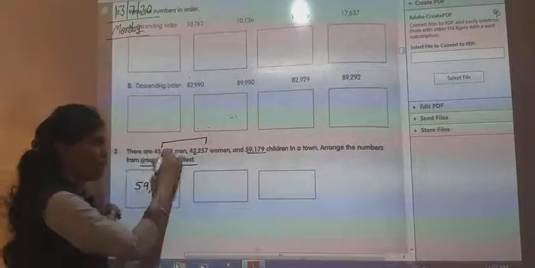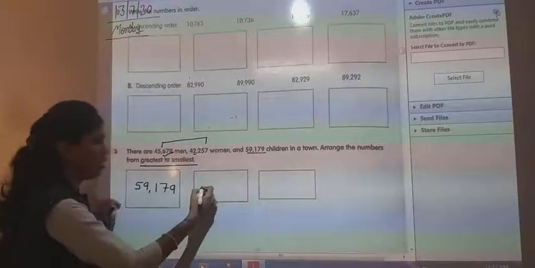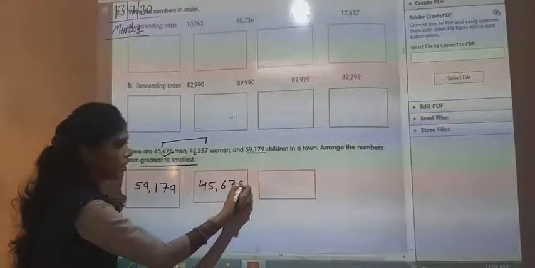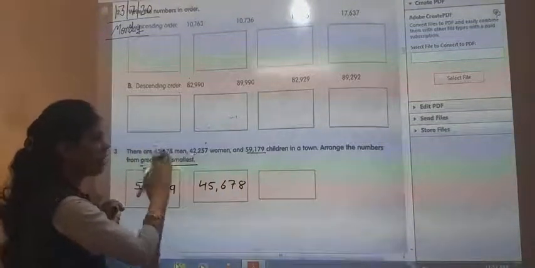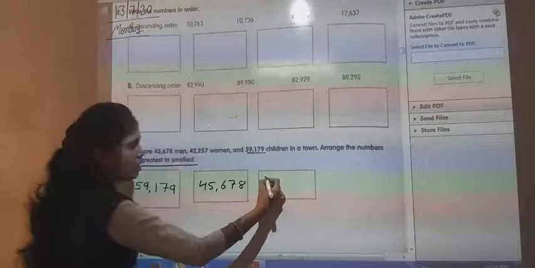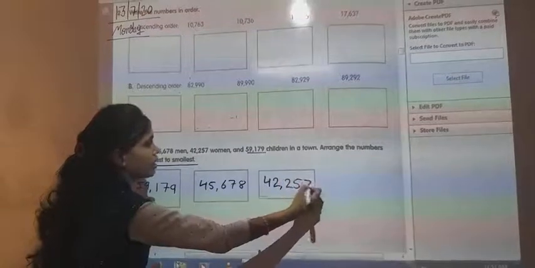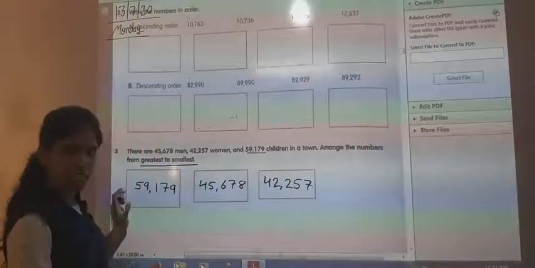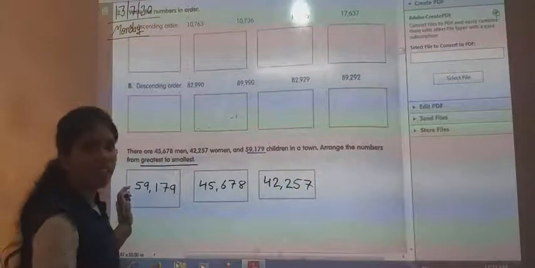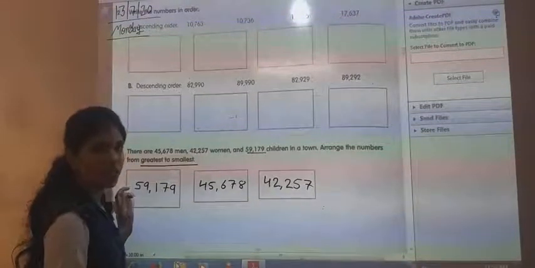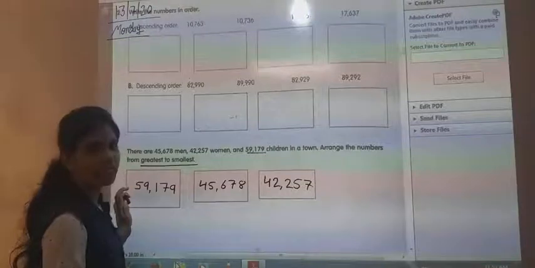So we will write this number 45,678 and the last number is 42,257. Okay students, this was arranging numbers in order. So students, okay, thanks, bye bye.